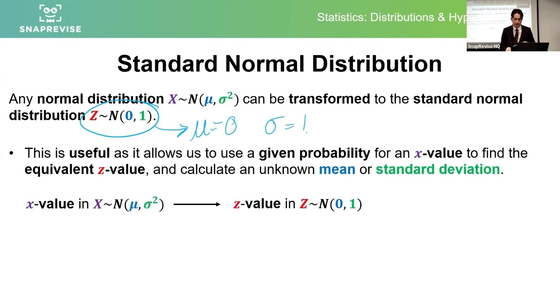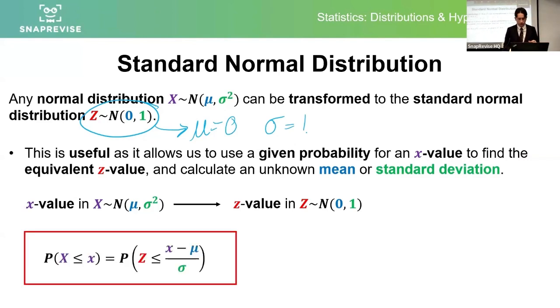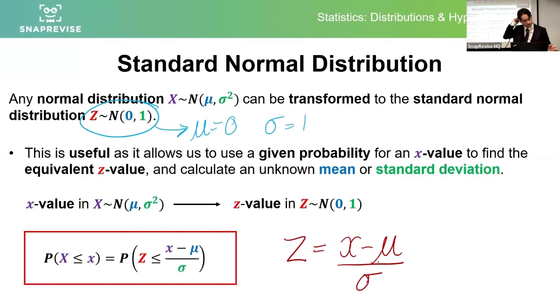And the process for doing this, standardizing or normalizing, was to shift all the values by the mean and then divide it by the standard deviation. And it perfectly shrunk the graph that we had onto the situation we wanted. So basically Z is going to be X minus mu over standard deviation.